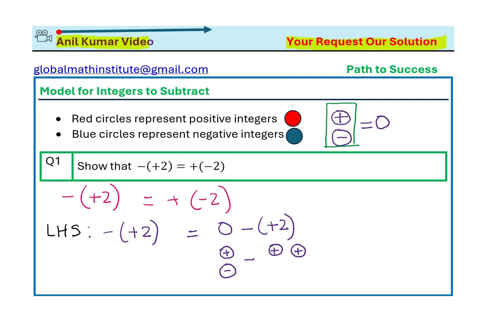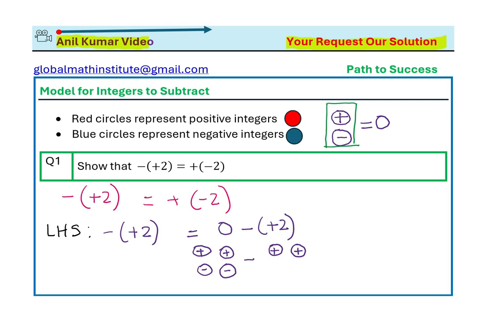Now, since we have only one positive, how can I take away two positives? Well, the idea is we can add more zeros, because adding 0 doesn't change anything in our equation. So let's add more zeros. We add one more zero since we have to take away 2. For me, 0 is a combination of plus and minus.